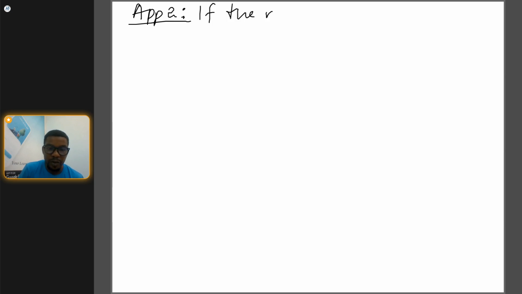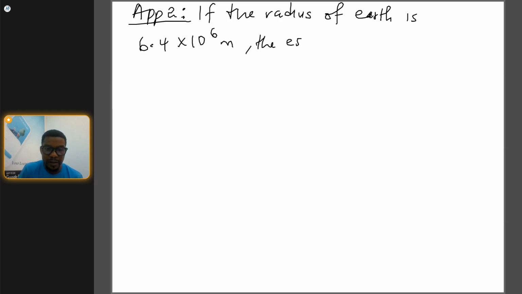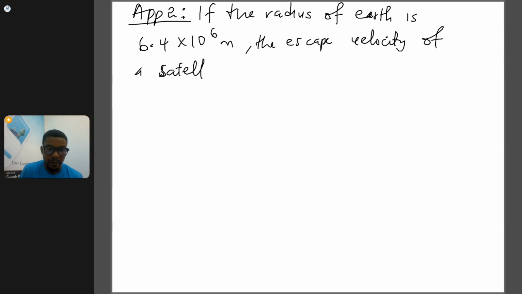If the radius of Earth is 6.4 times 10 raised to power 6 meter, the escape velocity of a satellite from the Earth is dash.